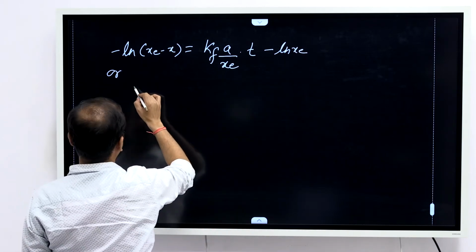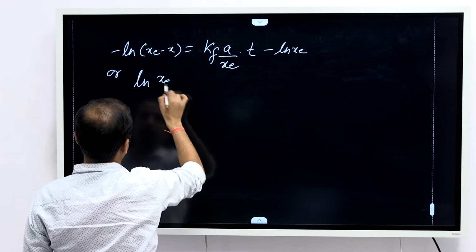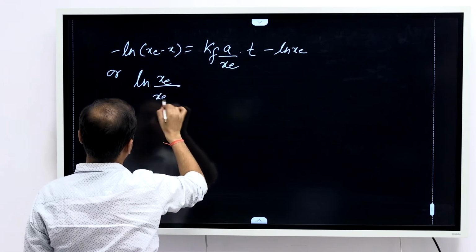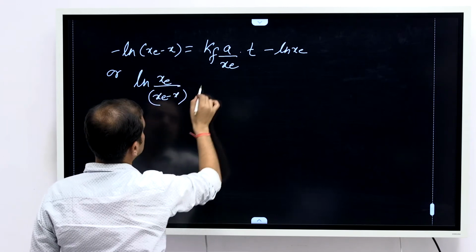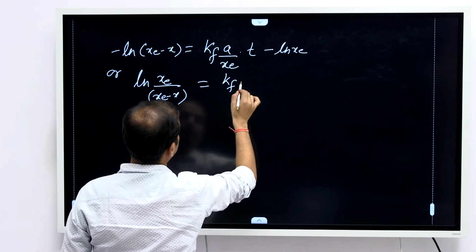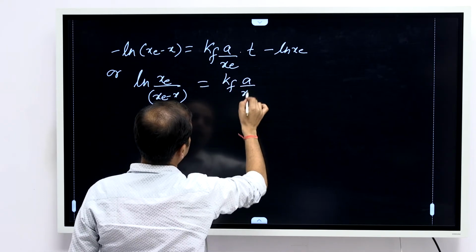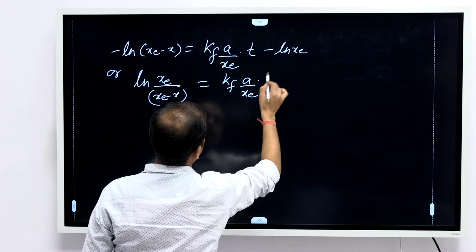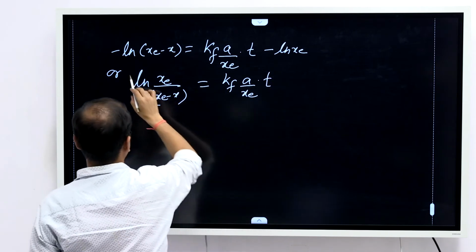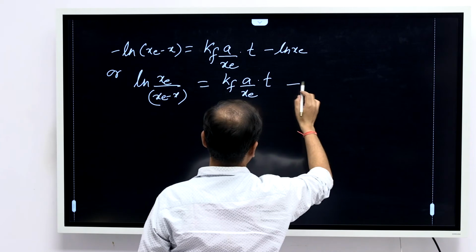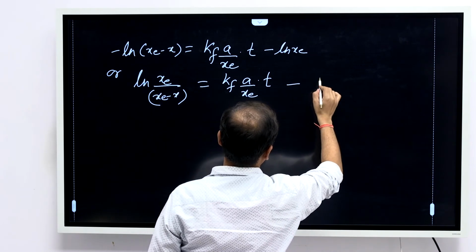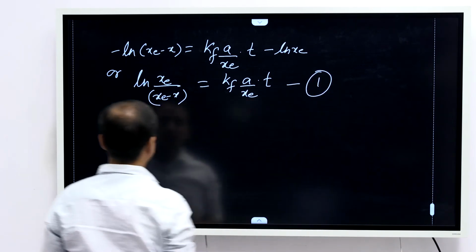Further simplifying the equation, we get ln xe upon (xe minus x) is equal to kf a upon xe into t. So this is one of the integrated equations for reversible first order reaction.